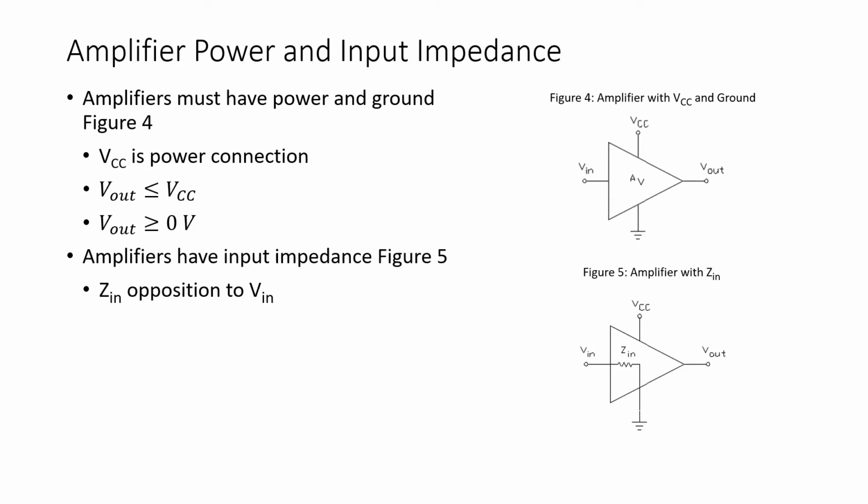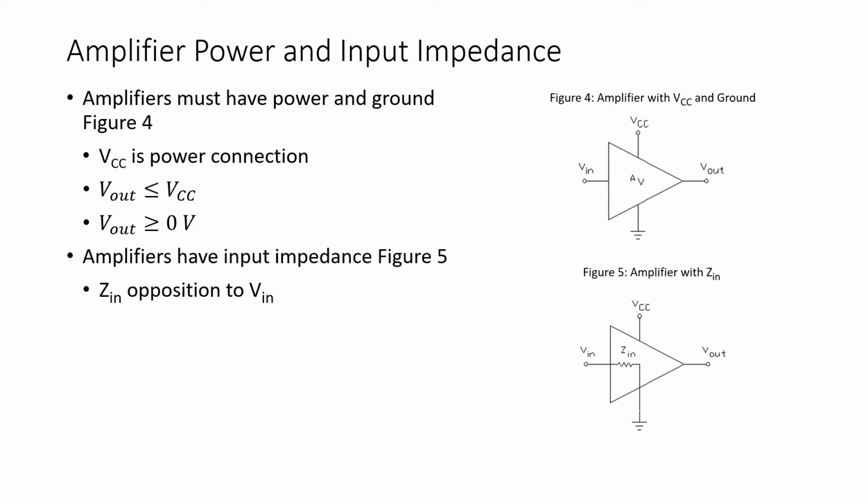Understand that the output of this amplifier can never be larger than VCC, and the output can never be smaller than ground. So this might lead to a case again where we could have clipping and distortion in our output signal if the gain of the amplifier is such that we try to make the output larger than VCC.